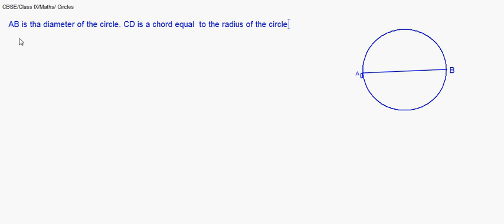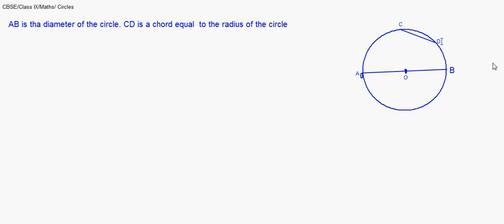So we have to draw CD, which is equal to the radius, which is like OB. I draw that chord here. This is named as C and this as D.